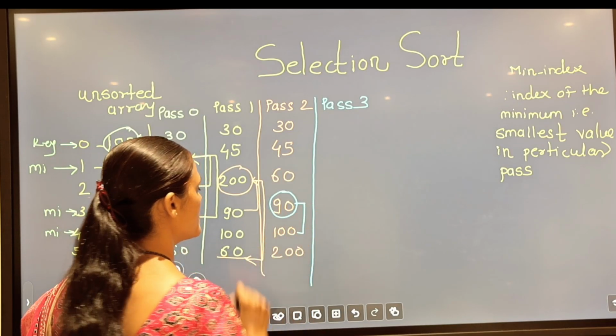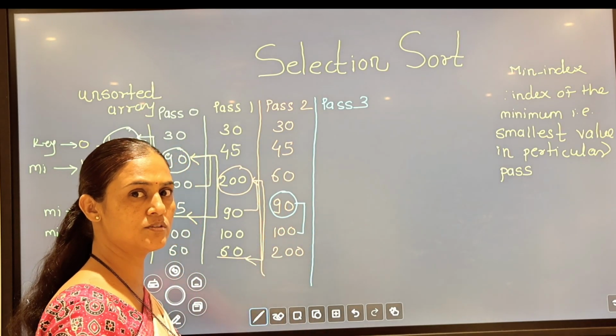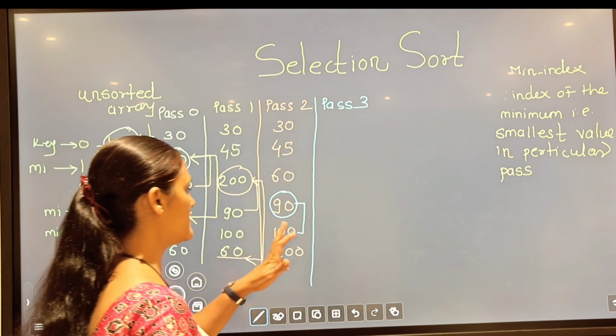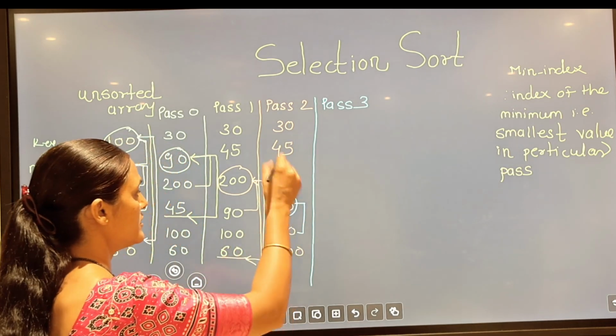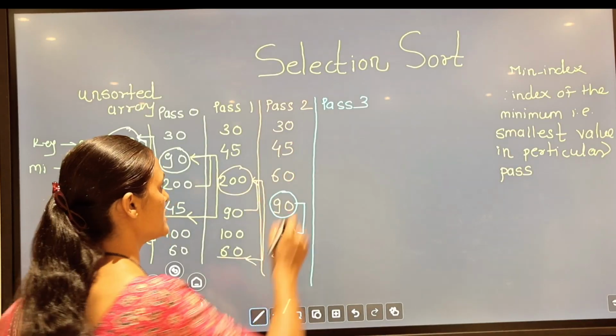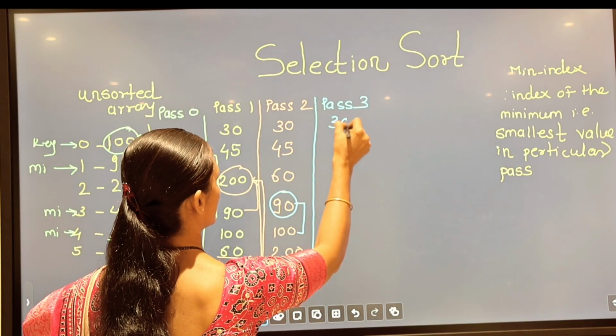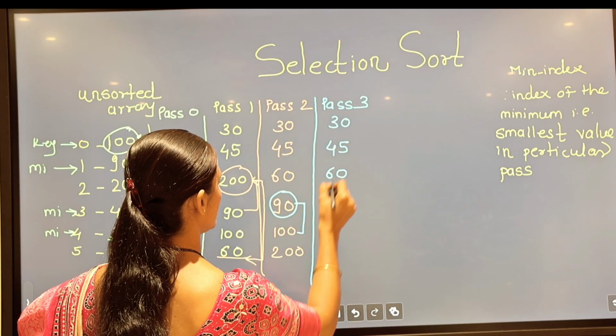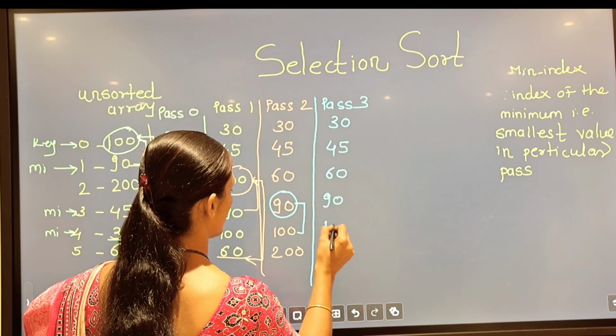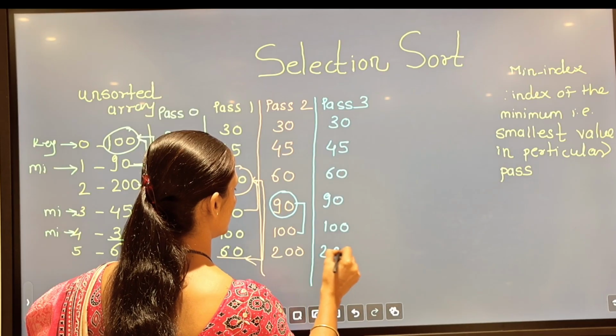Compare these two. 90 is again smaller than 100, so minimum index will be at the same location. Again 90 is smaller than 200. So during this pass no exchange will be done. So after pass 3: 60, 90, 100 and 200.